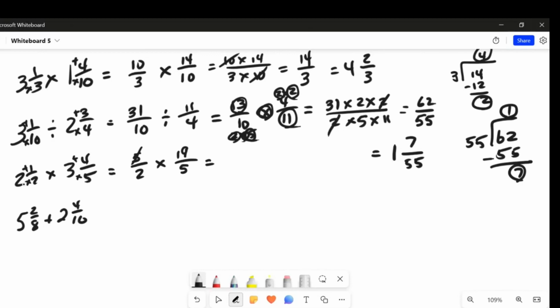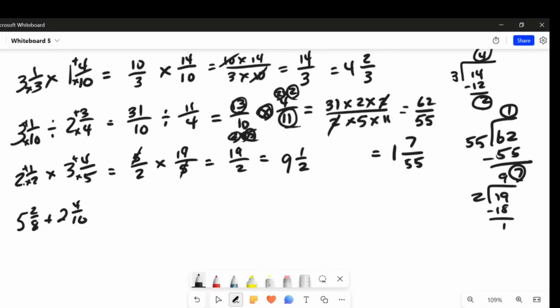So the 5's are going to divide out. We're left with 19 over 2. And 2 will go into 19 9 times. 9 times 2 is 18. So we end up with 9 1/2.